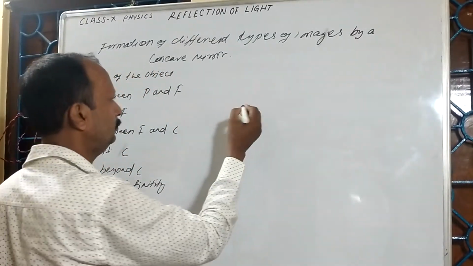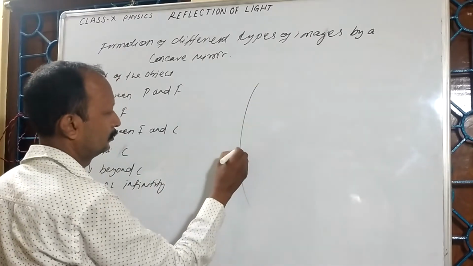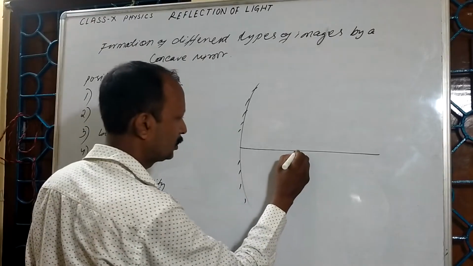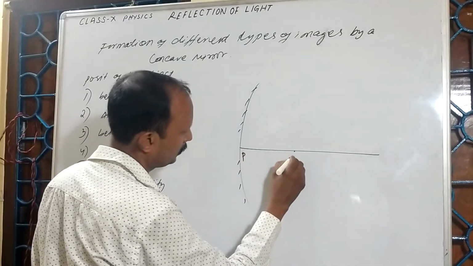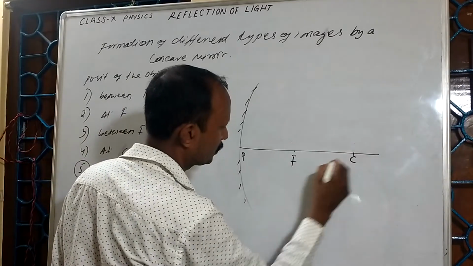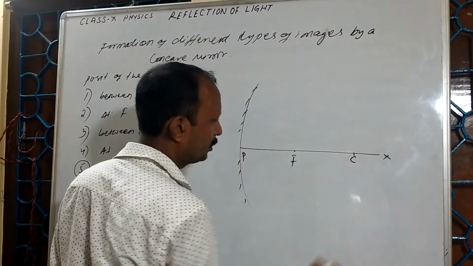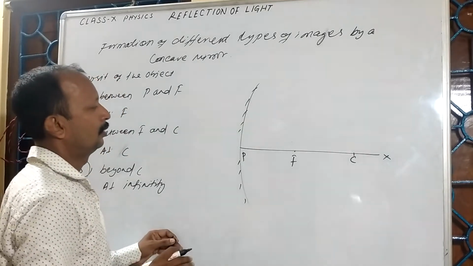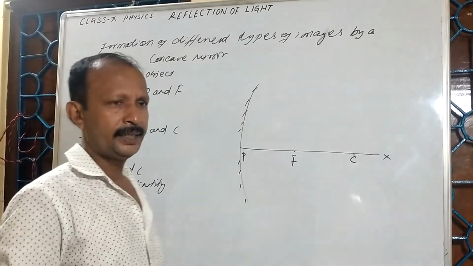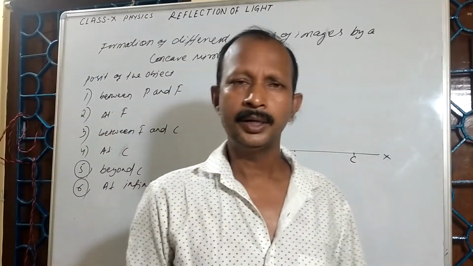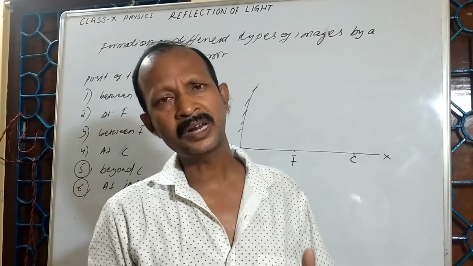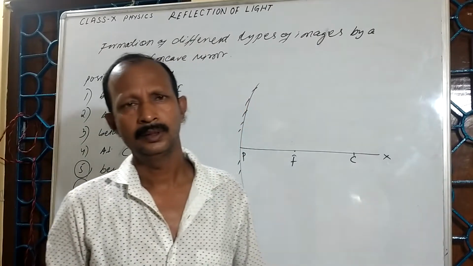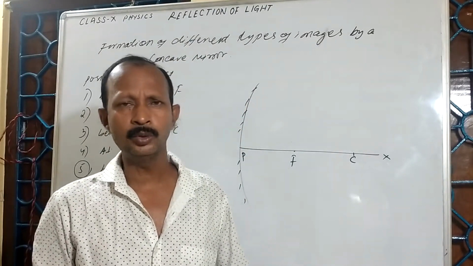See, this one is the mirror. Suppose this is the pole, this is the focus, this is the center of curvature. XP is the principal axis. Okay? Now, we will take the extended object or enlarged object, because in my previous video I said in this topic we can use 2 types of object.